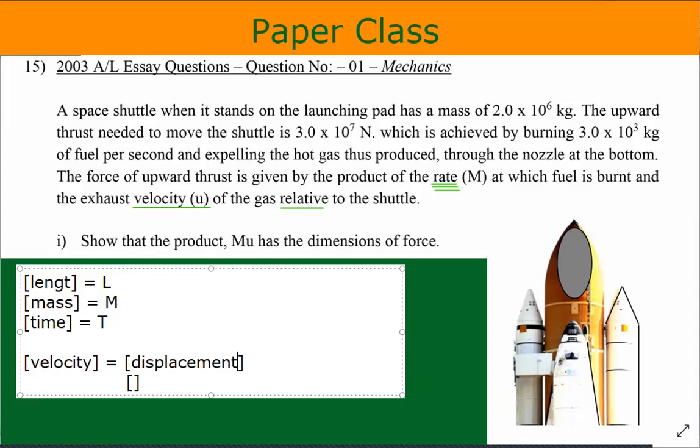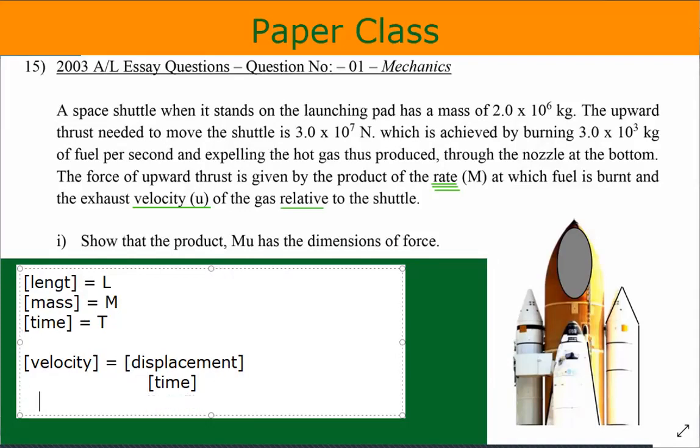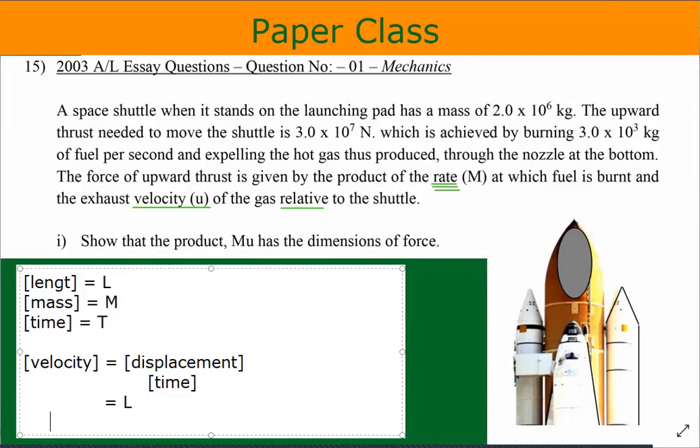Displacement is some kind of length. Displacement is the shortest distance between any 2 points. So distance is a length, therefore displacement should also be a length. So displacement should have the dimension of length, which is capital L. The dimension of time is capital T. This term T comes up with a minus sign.